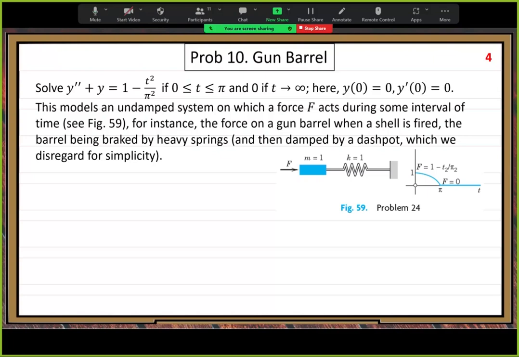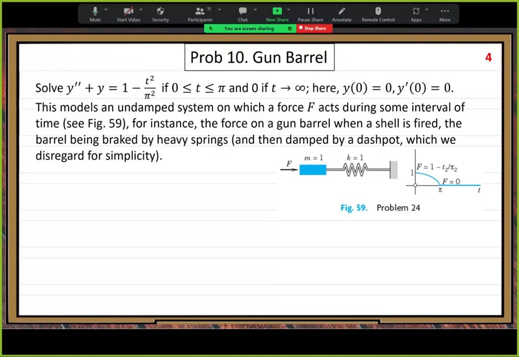The spring coefficient K is 1. So the equation is y double prime plus K times y, with K equal to 1. Our assumption is that the system is undamped, so the y prime term is gone.